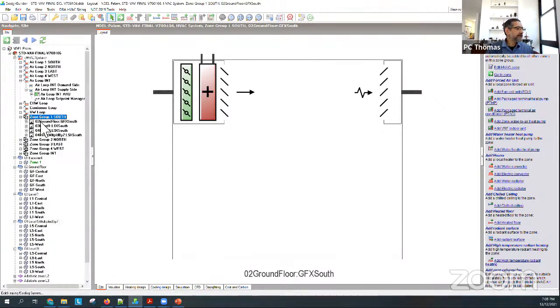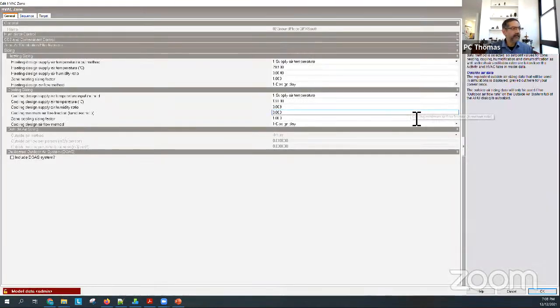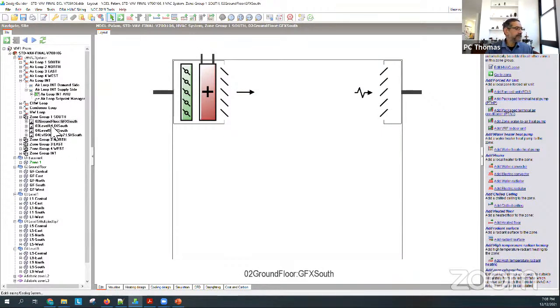And at each level, by the way, you get to edit. Depending on where you are, you get different things. And that's all within the EnergyPlus simulation system.